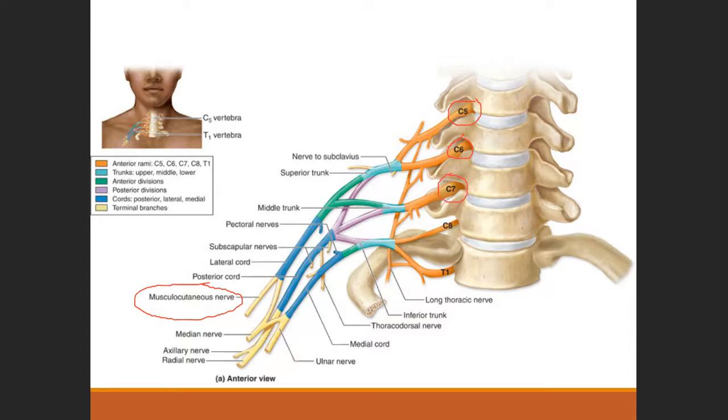So as a motor nerve, axons will leave all three of those regions and go through the various converges and diverges in the plexuses. And as an end result, if we did a cross section of the musculocutaneous nerve, we would see neurons from each of those three spinal nerve regions. So if something happens, traumatized, and you lose one, you still have two unaffected origination points to provide innervation to our bicep muscle.